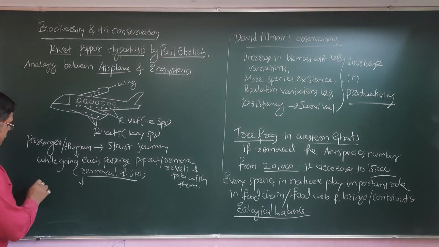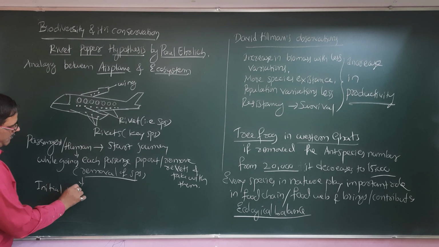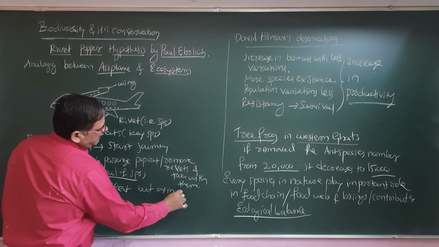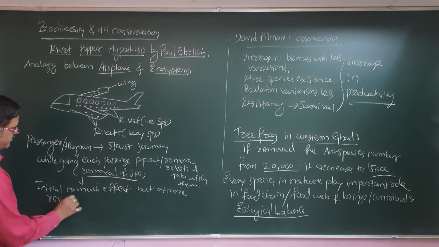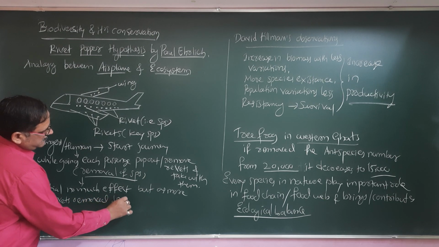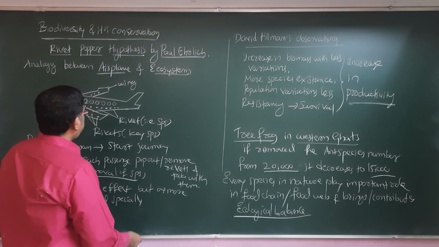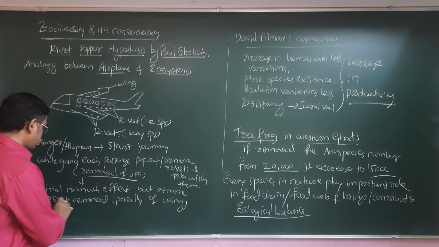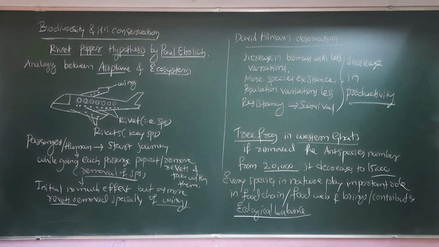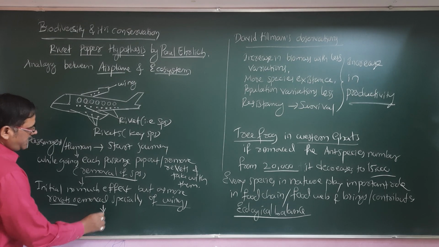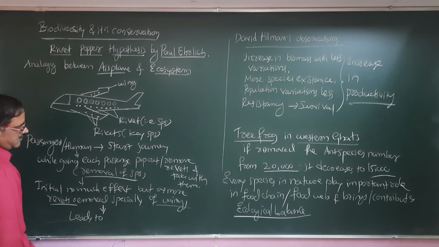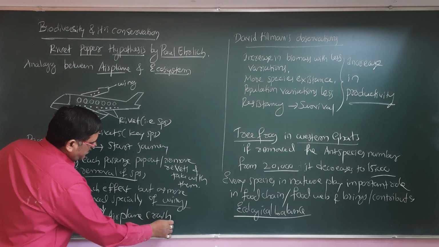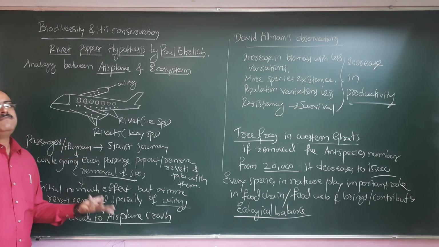Initially, not much effect, but as more rivets are removed, especially the rivets of the wings, when the rivets of the wings or key species are removed, it leads to an aeroplane crash, meaning the ecosystem becomes imbalanced.